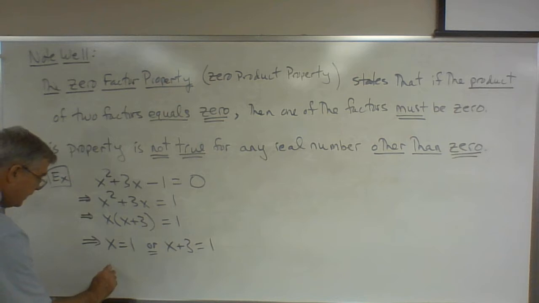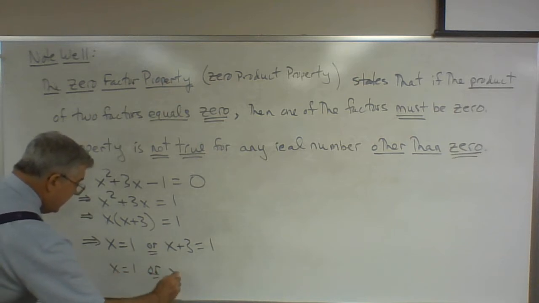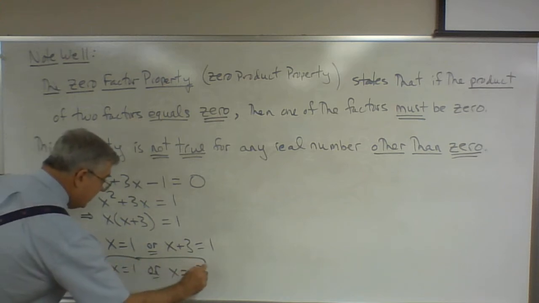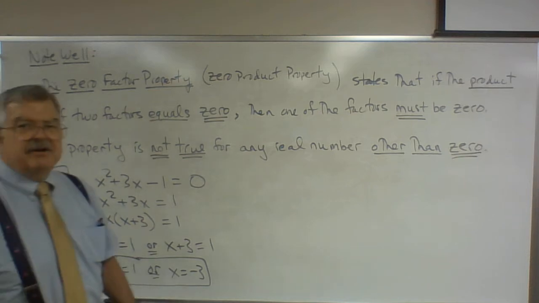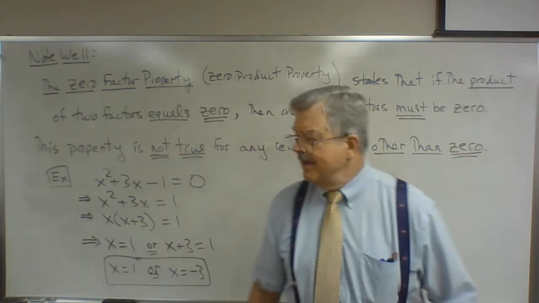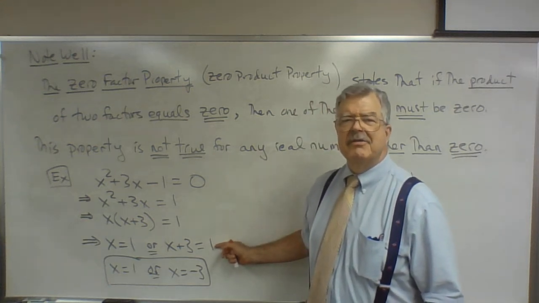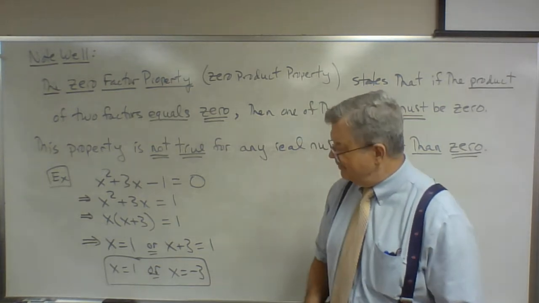And then they say, okay, so that means x equals 1 or x equals negative 3. And they're dead wrong. Not only are they wrong when they do this, but after I finish grading their paper, they're dead. They are dead wrong to do this.